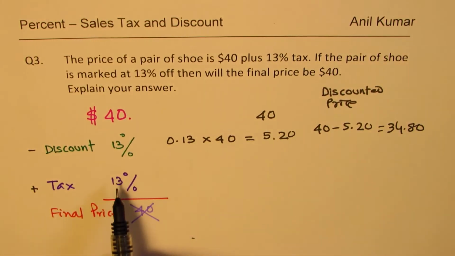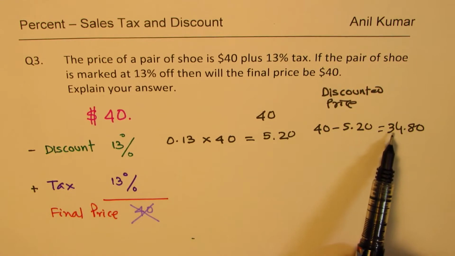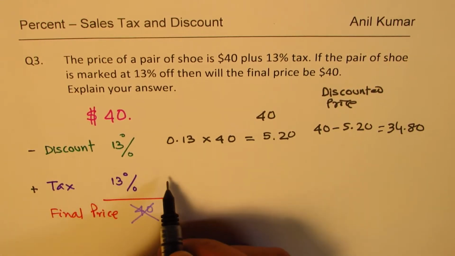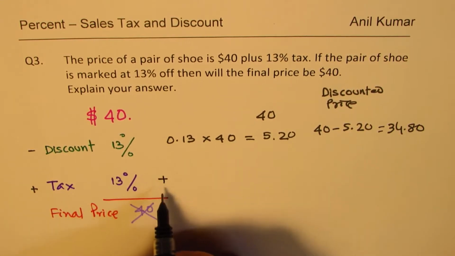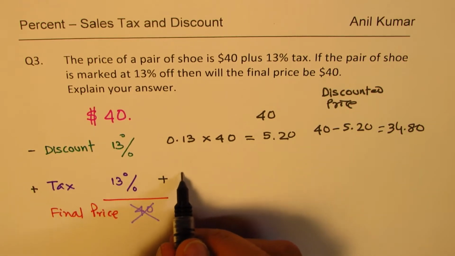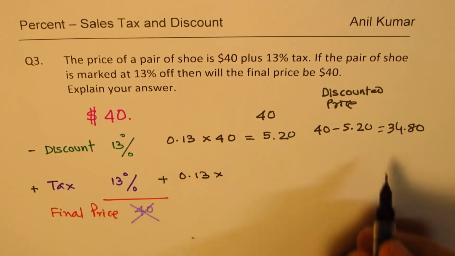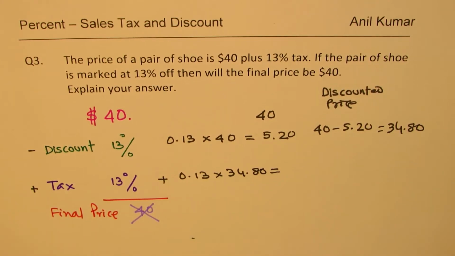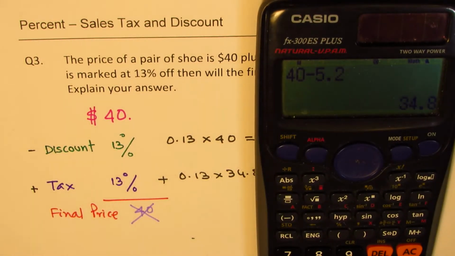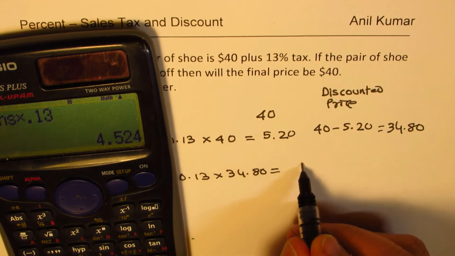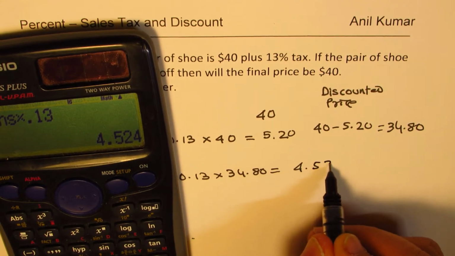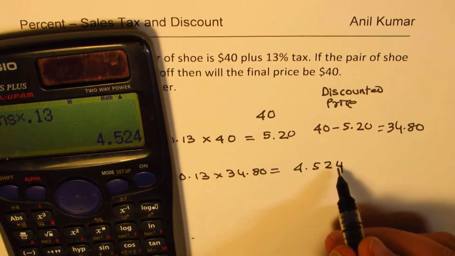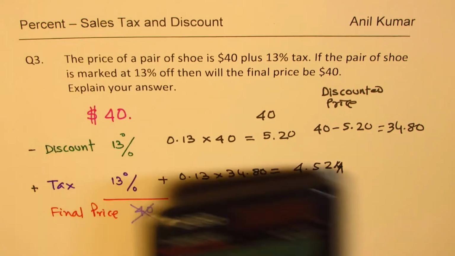Now the tax of 13% will be on 34.80. So we have to add a tax which is 0.13 times 34.80. We multiply 34.80 by 0.13, and what we get in decimals is 4.524. Rounding to 4.52.